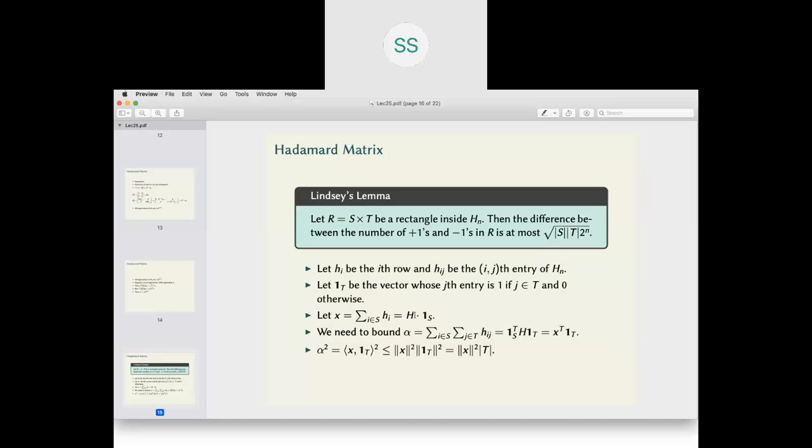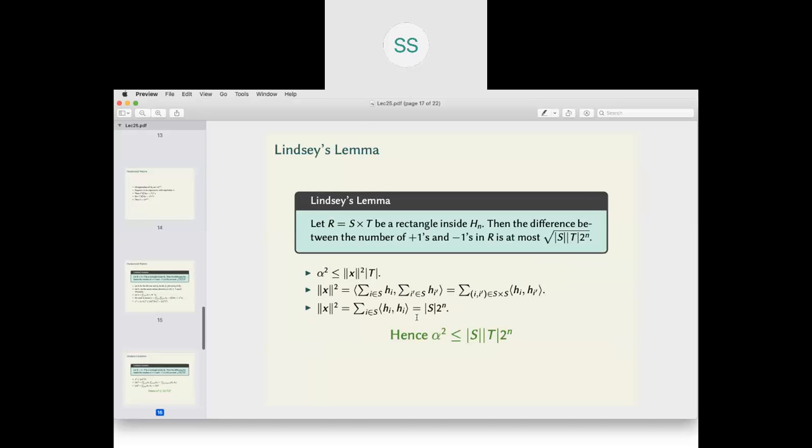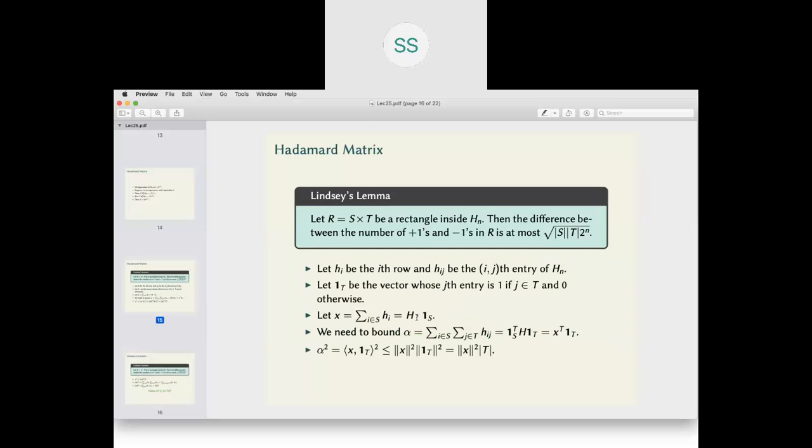This H should have subscript n, it should be Hn. Yeah, sorry. So I'll fix that again when I share the slides. So you take Hn and you multiply it with one subscript S, and that gives you the same summation, because one subscript S just picks out those rows which are in S.